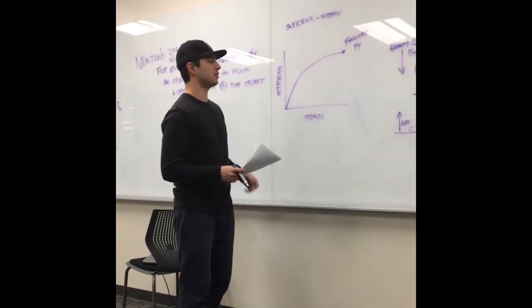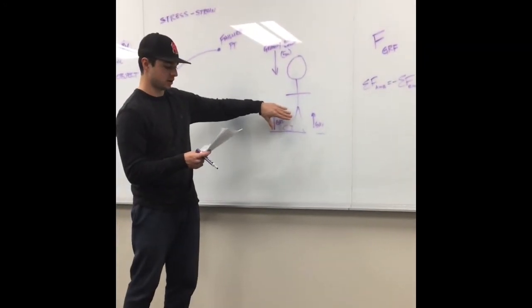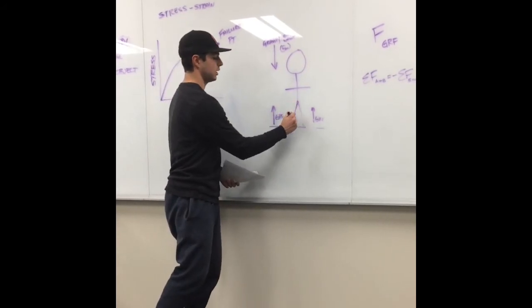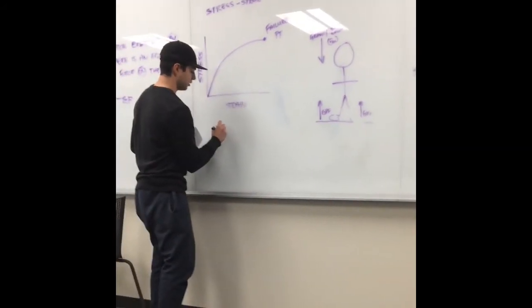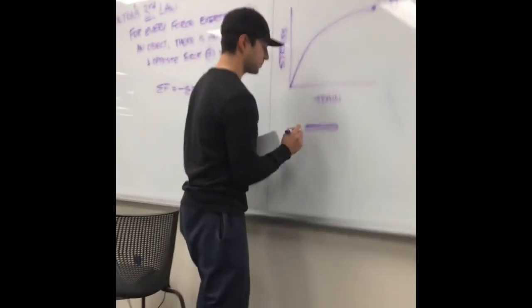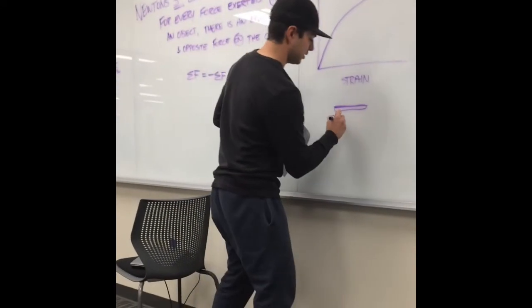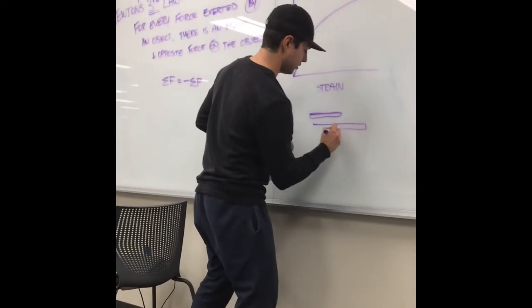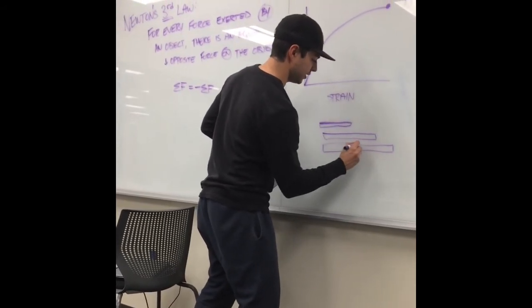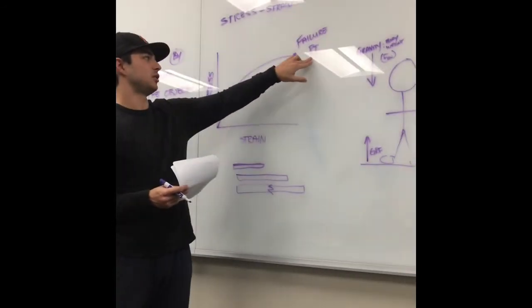When we take a look at our body, like our leg right here, it can only endure so much strain, right? If we take a look at a ligament here, and this is about its normal range right here, and you apply a stressor to it, that ligament is going to lengthen until it can't lengthen anymore, and then it's going to snap. That right here is the failure point.